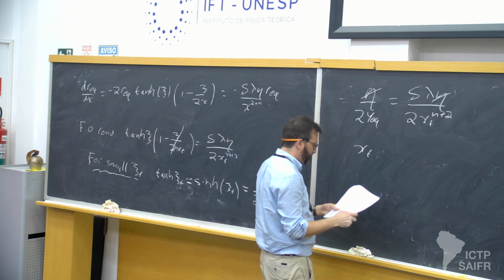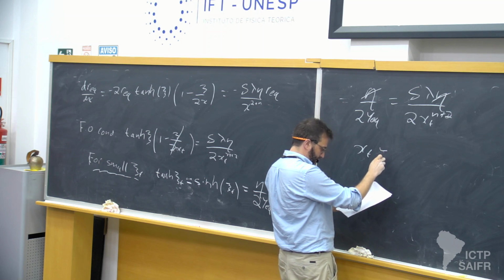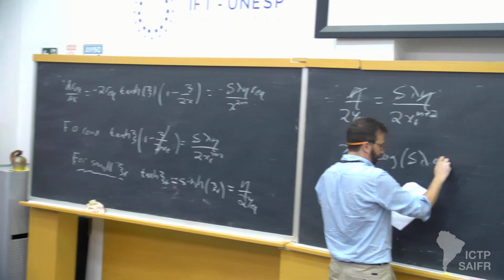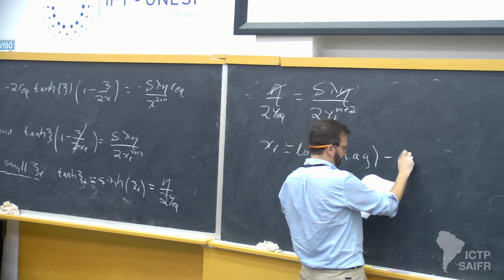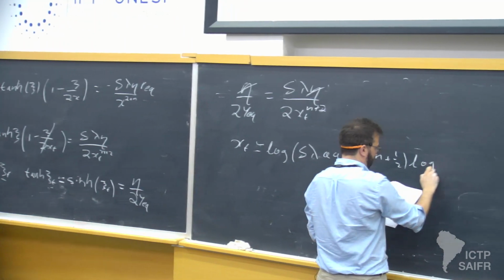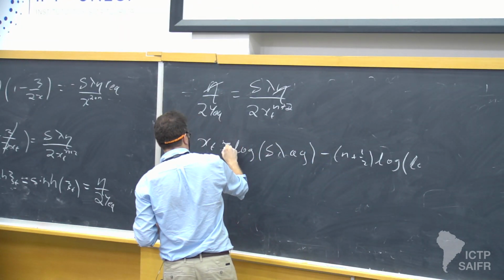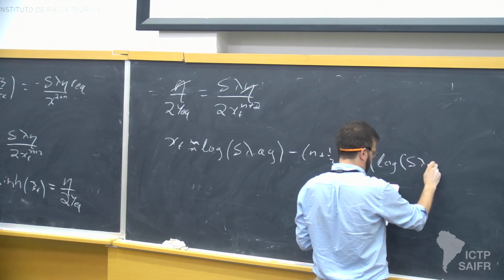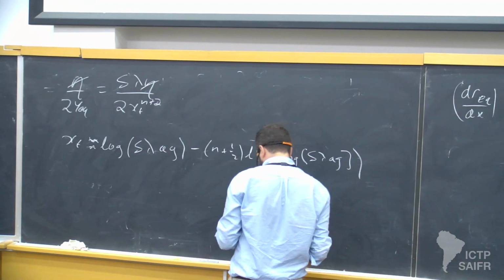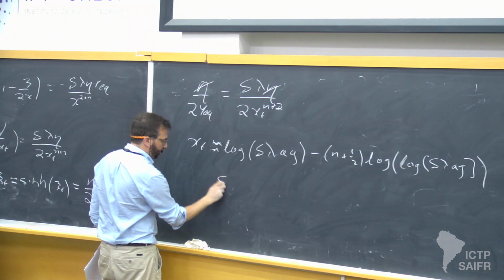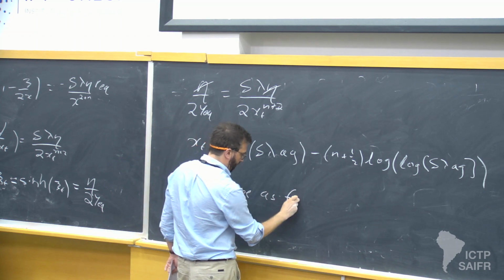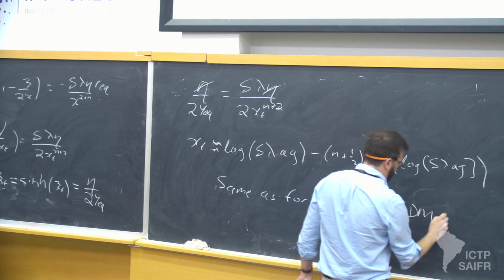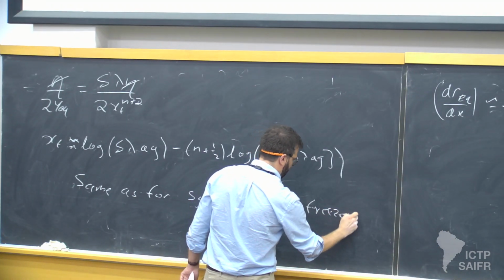So again, we find that xf is simply log delta lambda a times the degrees of freedom of the dark matter minus n plus 1/2 log, approximately log delta lambda a g, which is independent of eta and the same as for symmetric dark matter freeze out.